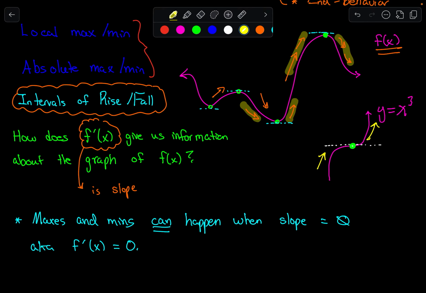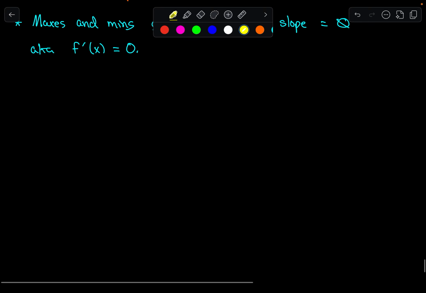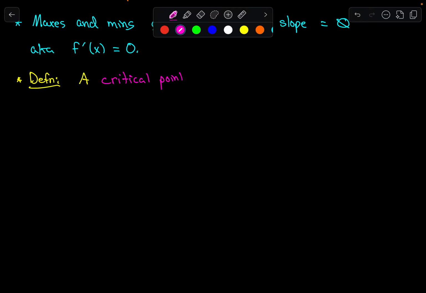Now we're going to start doing the math part, so we'll do a definition. A critical point for f of x is any x value that gives us f prime of x equal to 0.